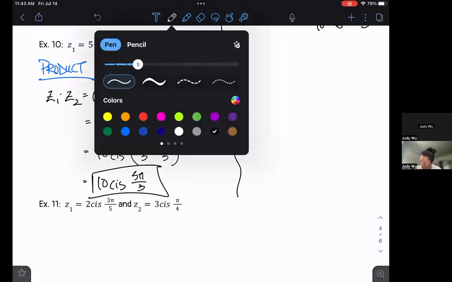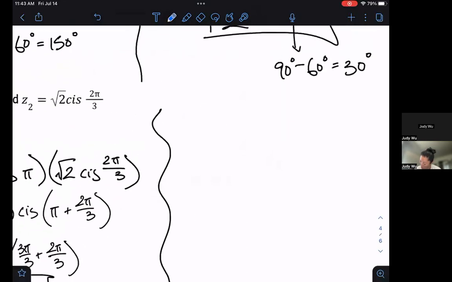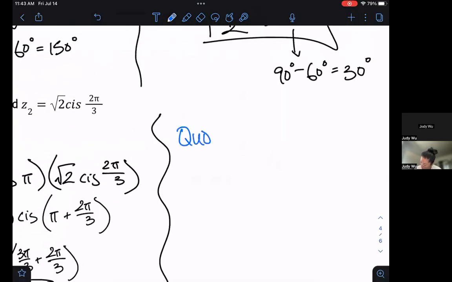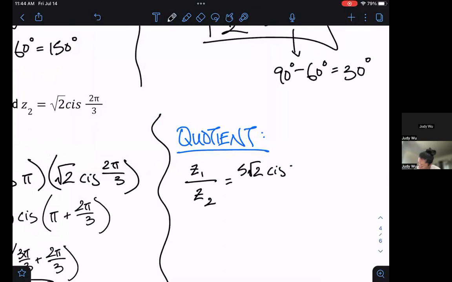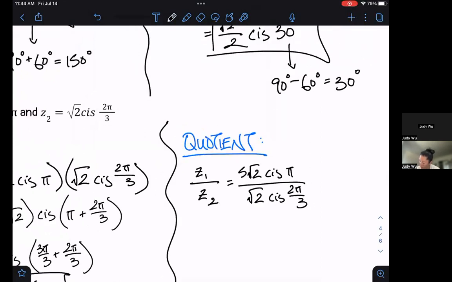All right, let's see our quotient. Okay, so again, let's say z1 over z2 will get 5 root 2 cis pi over root 2 cis 2 pi over 3.